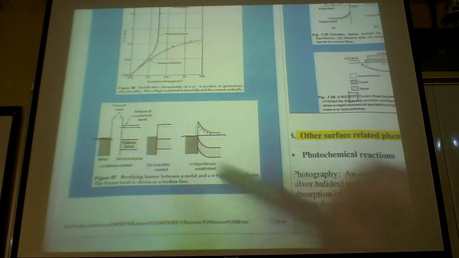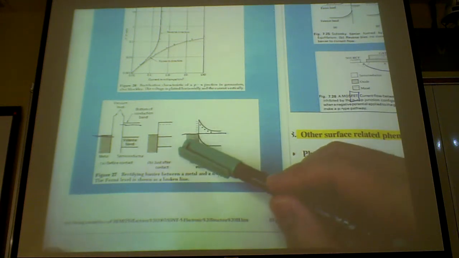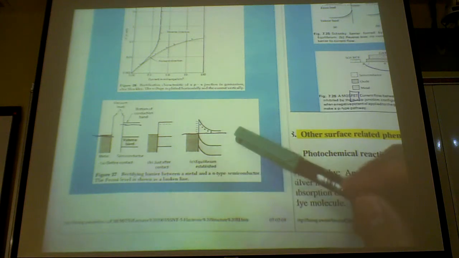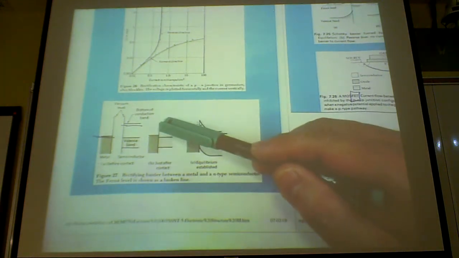So what you have is some sort of bending effect between the metal side and the semiconductor side. Here you have an N-type semiconductor, so you have equilibrium of the Fermi level.